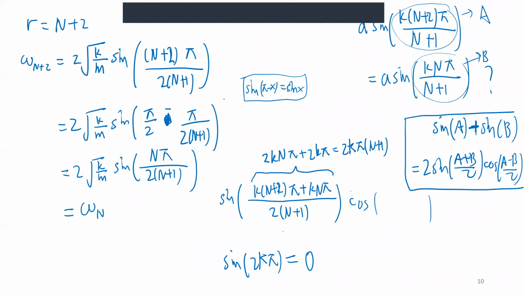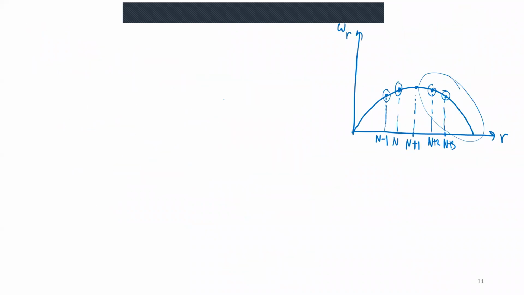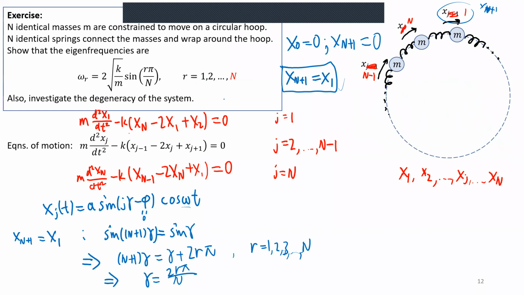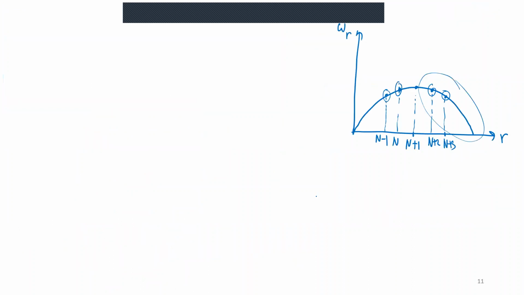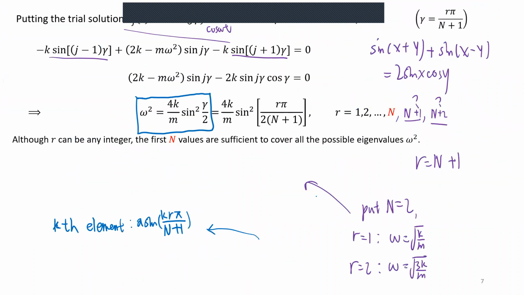So therefore, I can still apply the same expression for the eigenfrequency. It's 4k divided by m sine square gamma divided by 2. Right? Yes.